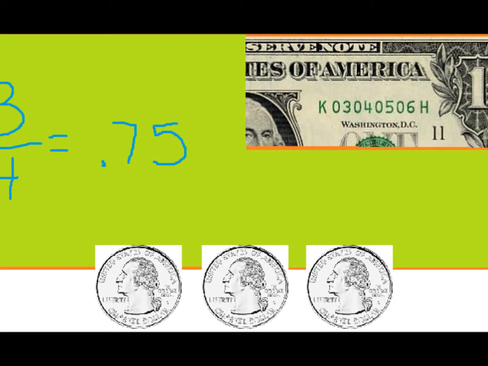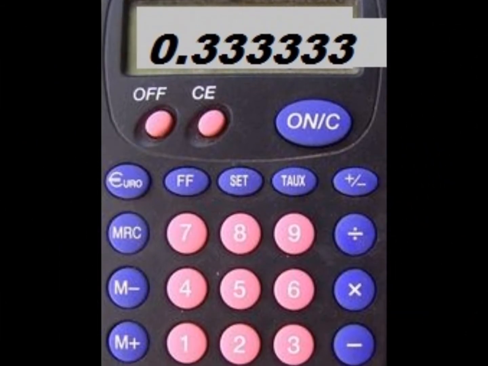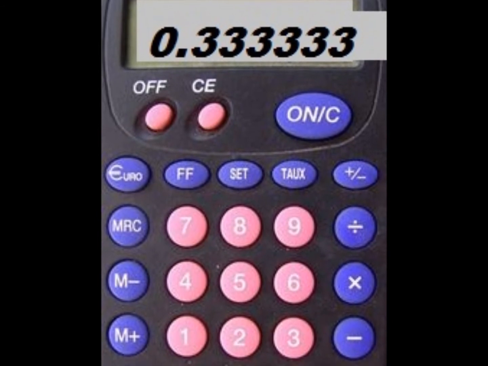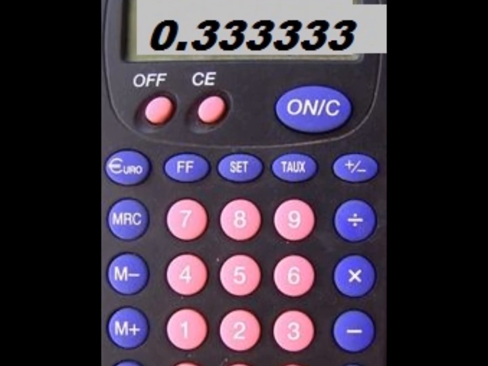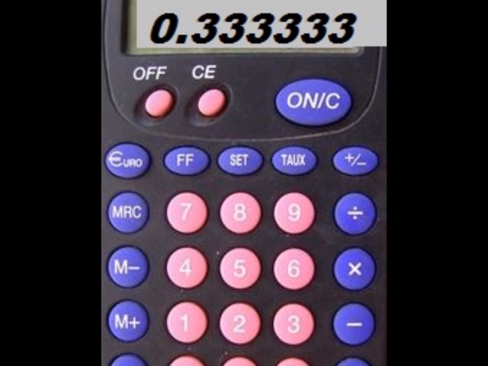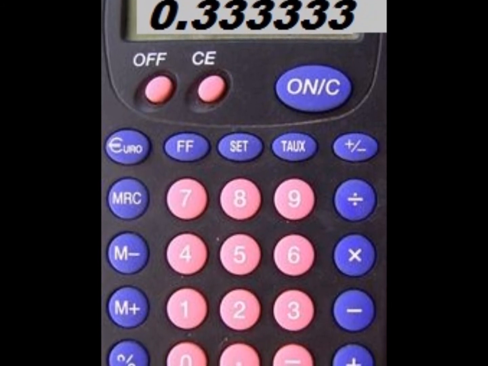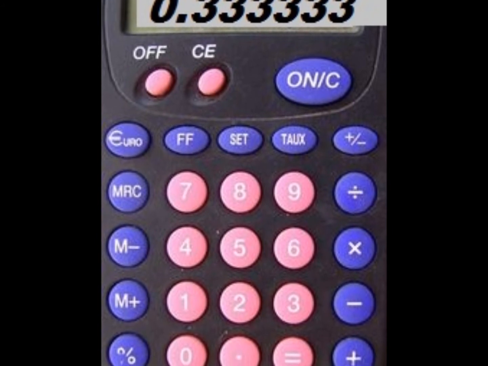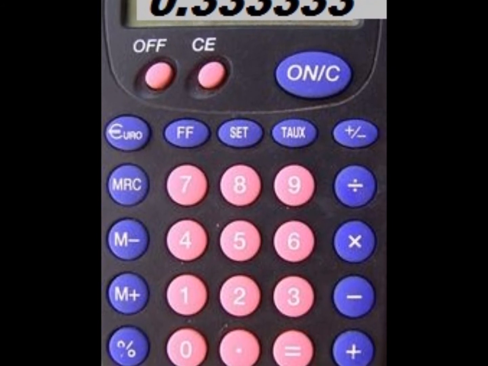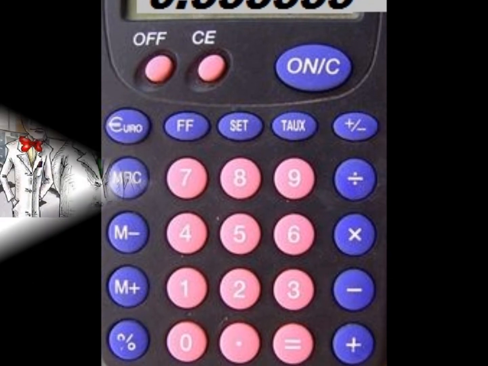The picture is a little more complicated when you look at 1/3. If you divide 1 by 3 on your calculator, you get the decimal value 0.333, with 3s filling the screen. That's because 3 doesn't divide evenly into 10.